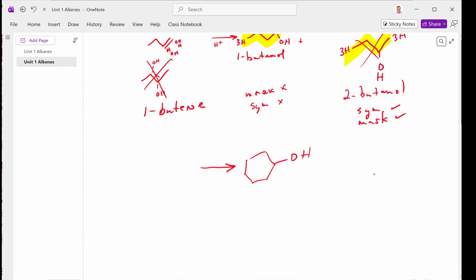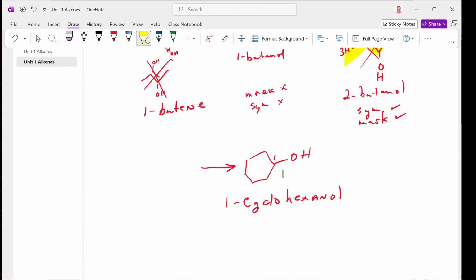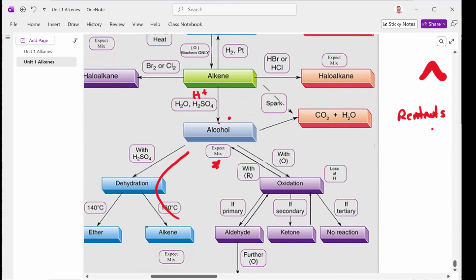It's a cyclohexanol. Six carbons, cyclic, and alcohol on what we're gonna call carbon number 1. Okay, so head of the arrow is alcohol.